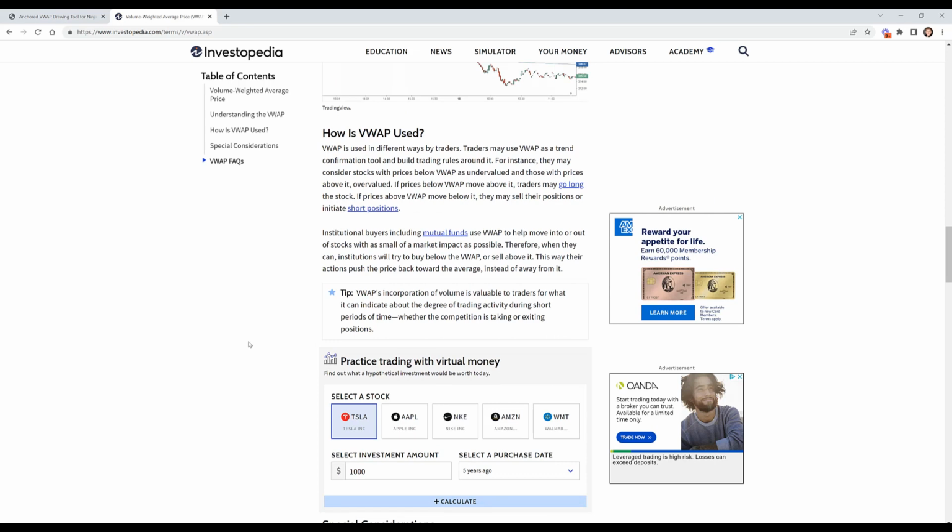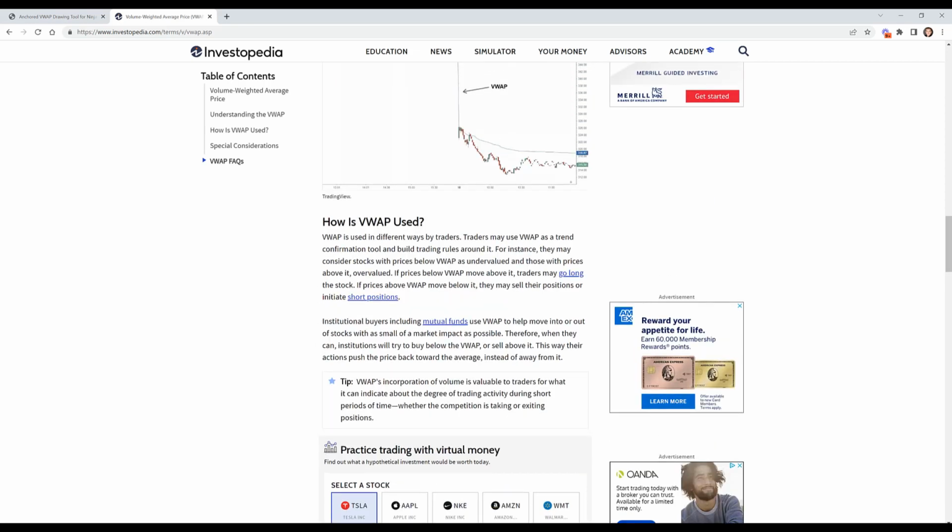Institutional buyers, including mutual funds, hedge funds, name your fund, use VWAP to help move into or out of stocks, securities or futures markets with as small an impact as possible. They're moving size. They don't want to disrupt the market or tip what they're doing, so they will execute over time. Therefore, when they can, institutions will try to buy below VWAP or sell above it.